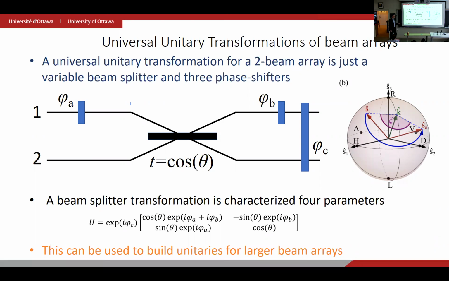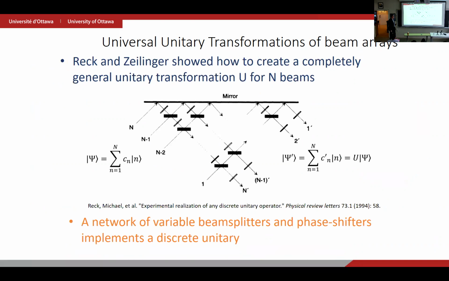What about bigger beam arrays? Well, this was introduced by Reck and Zeilinger way back in 1994, where they showed how you could combine variable beam splitters with variable phase shifters to create a universal unitary on n beams coming in.